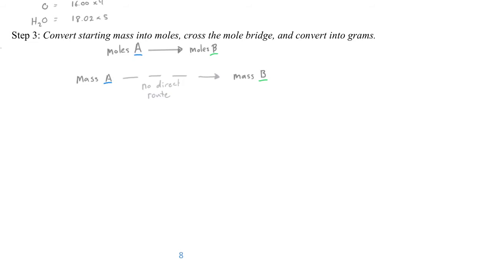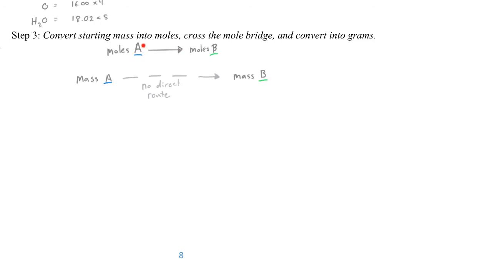We can do that generally with any of the formulas or reaction equations later on. We can definitely convert moles of one thing into moles of a totally different thing. The way we do that is we find the mole ratio between A and B. I like to call this conversion, where we go from the moles of one thing into the moles of something totally different, the mole bridge, and we're crossing the mole bridge when we do this type of conversion.